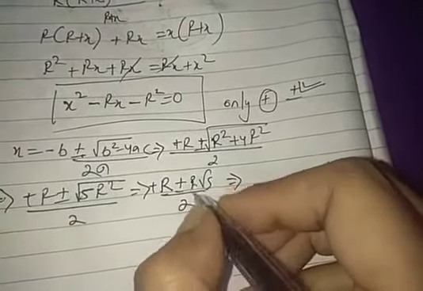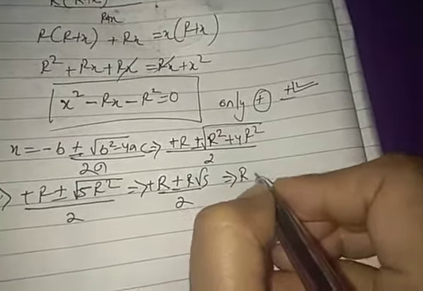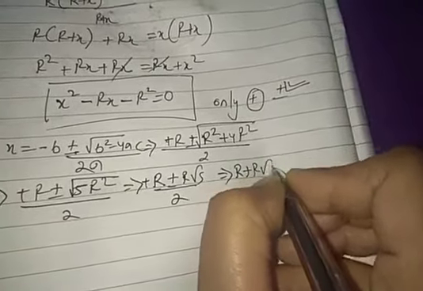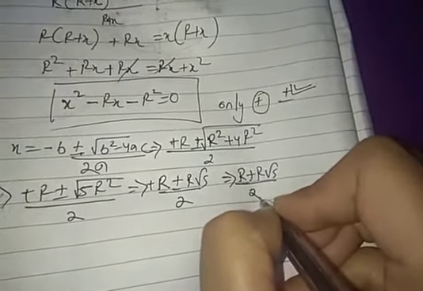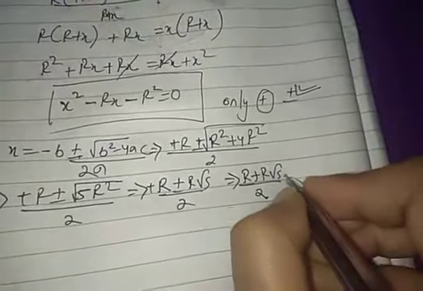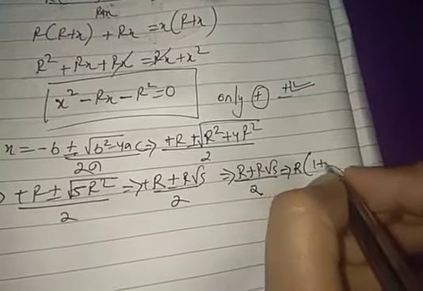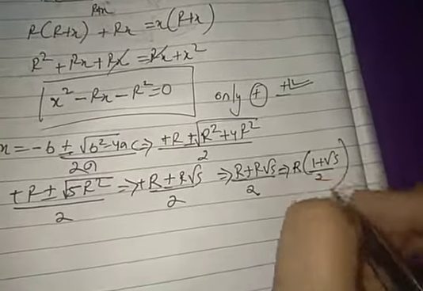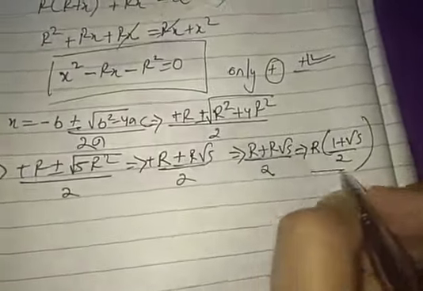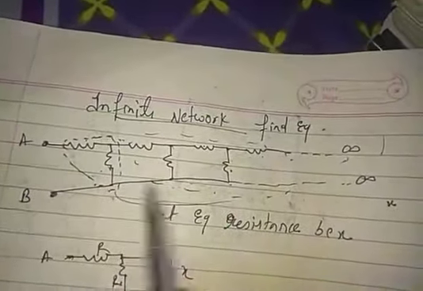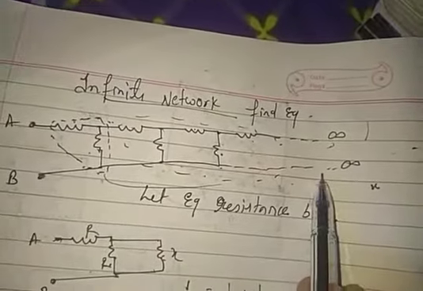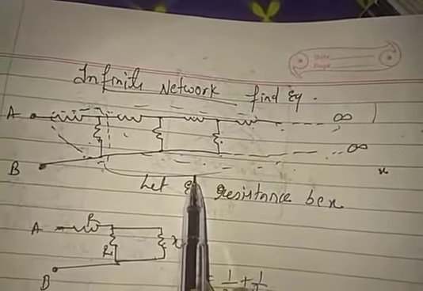As I told you, we take only the positive term, so R plus R root 5 upon 2 will be the answer. Taking R common, it is R times (1 plus root 5) by 2. This is the equivalent resistance of this network connected in infinite form.